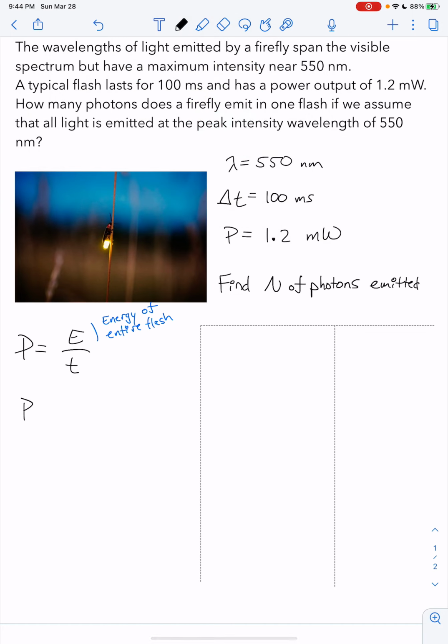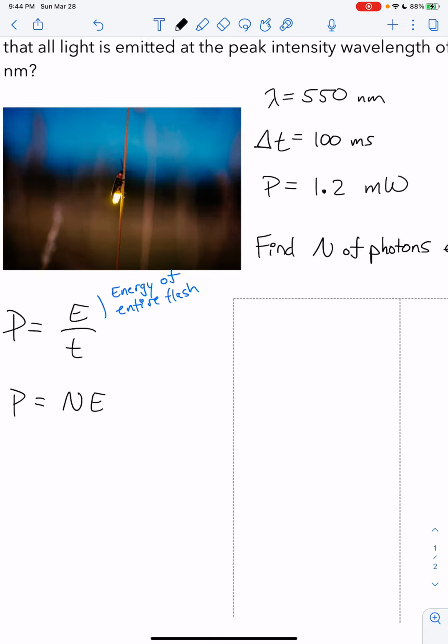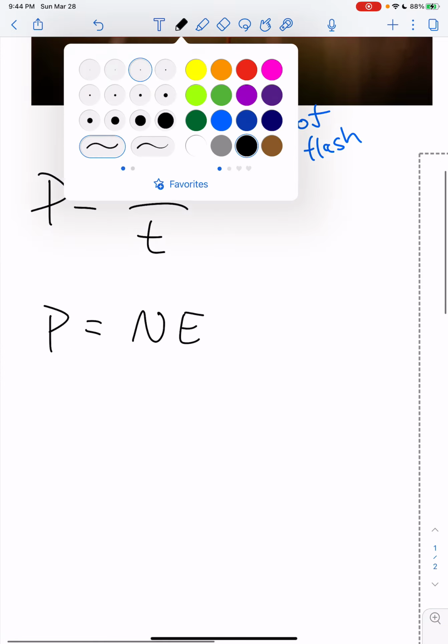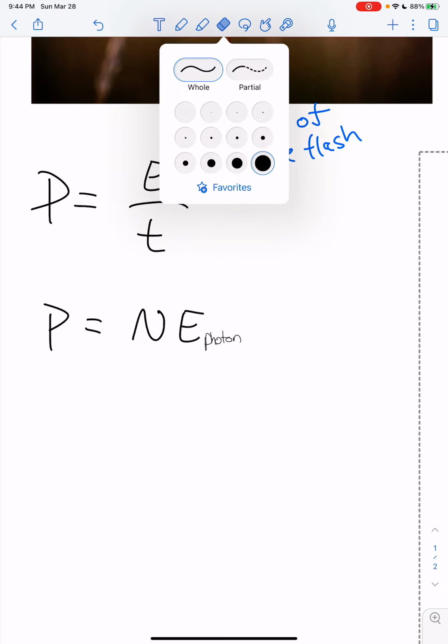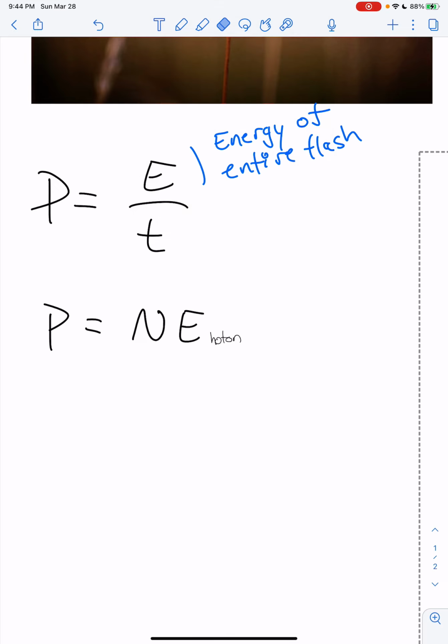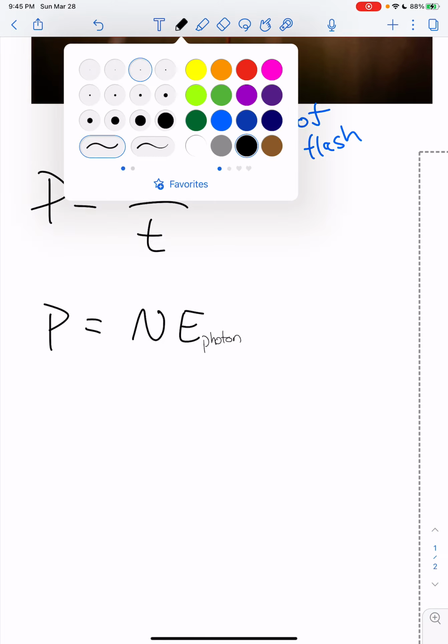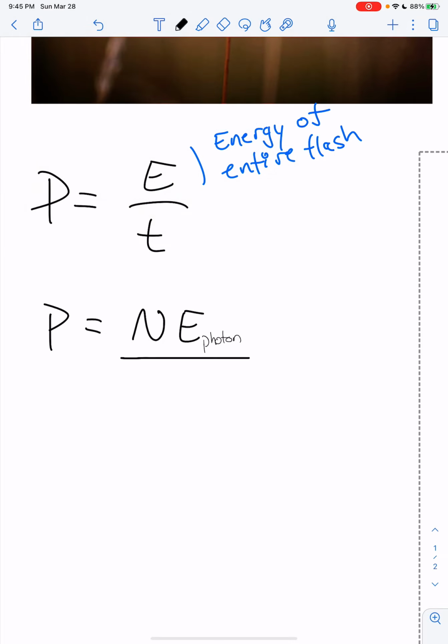And so then the power is going to be, well, let's break down that total energy to be n times the energy of an individual photon, and divided by time.